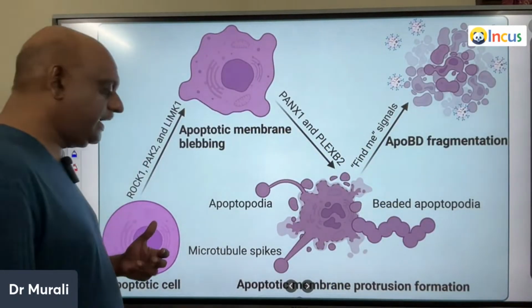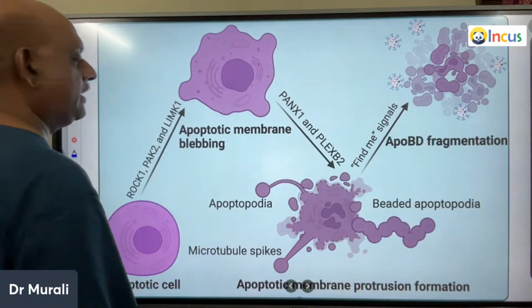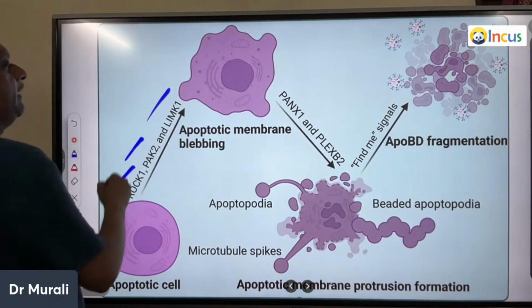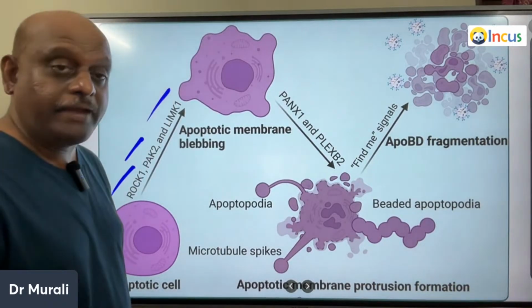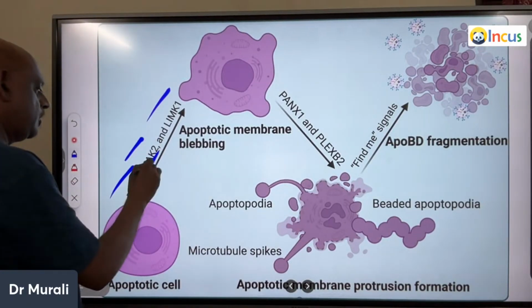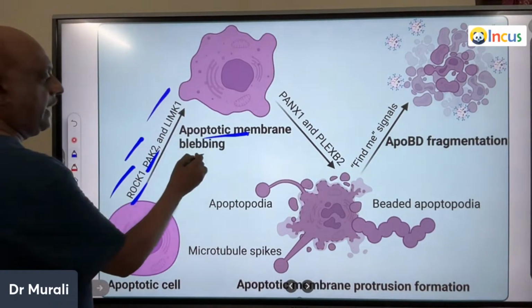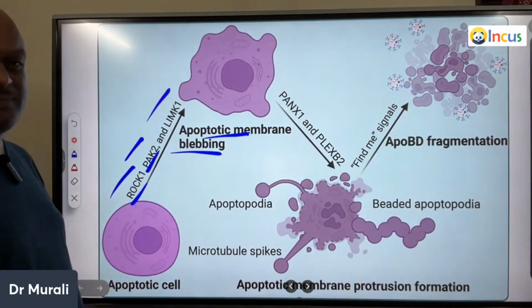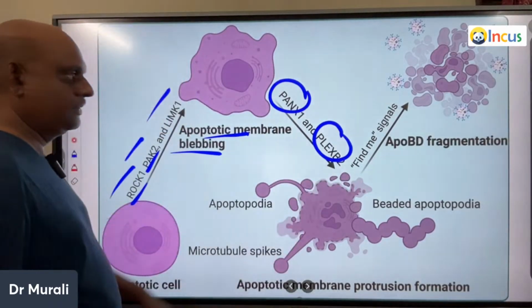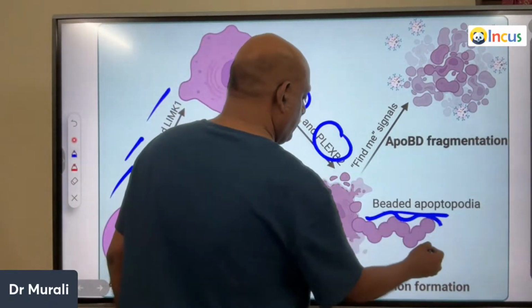Now, once the apoptotic bodies are formed, how will it ultimately lead to the destruction? ROCK1, PAK2, and LIMK1, you need to remember. They typically lead to the apoptotic membrane blebbing. In turn, PANX1 and PLEXIN-B2 will lead to beaded apoptopodia forming.